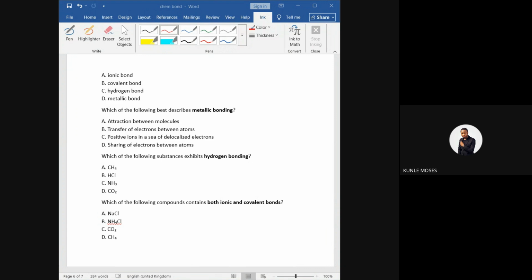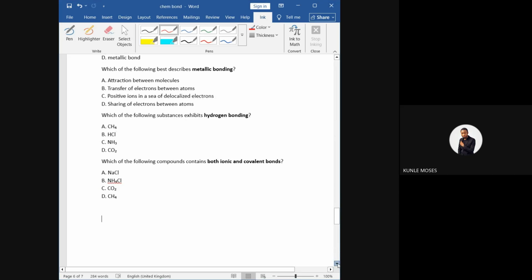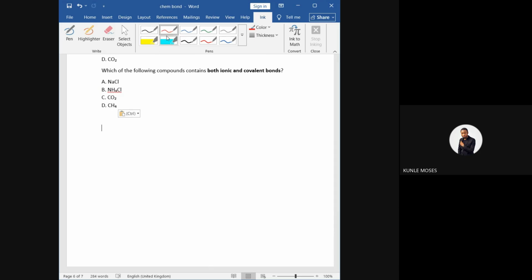Chapter 5. So this is how we will start the next class. In the next class, I'll be talking about the separation techniques and the issues of noble gas.